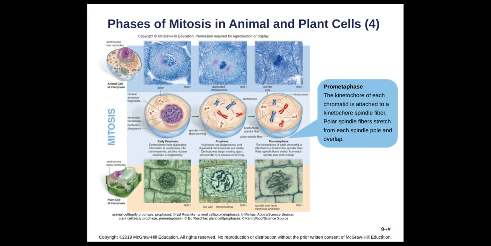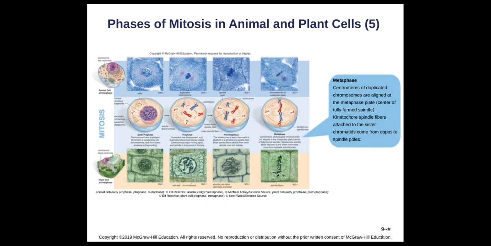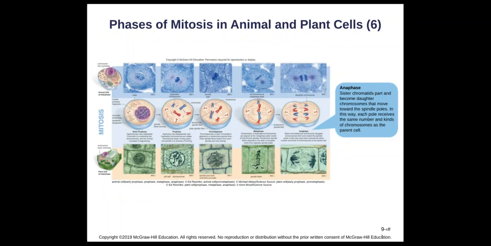In prometaphase, the kinetochore is attaching to those spindle fibers, and now we've got our centrosomes at the poles. In metaphase, now the chromosomes are all lined up in the middle of the cell. They're all attached to spindle fibers.